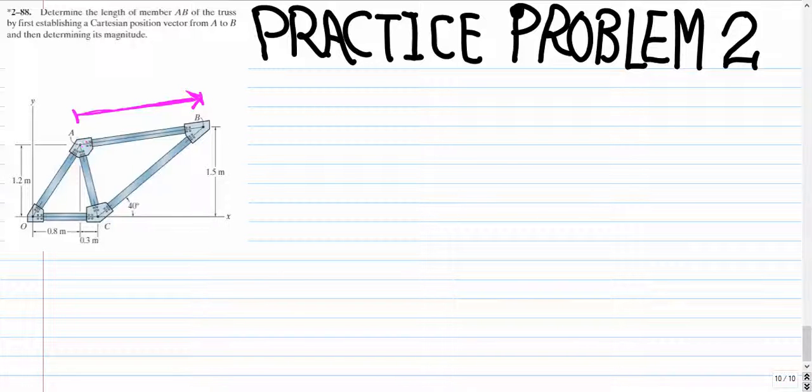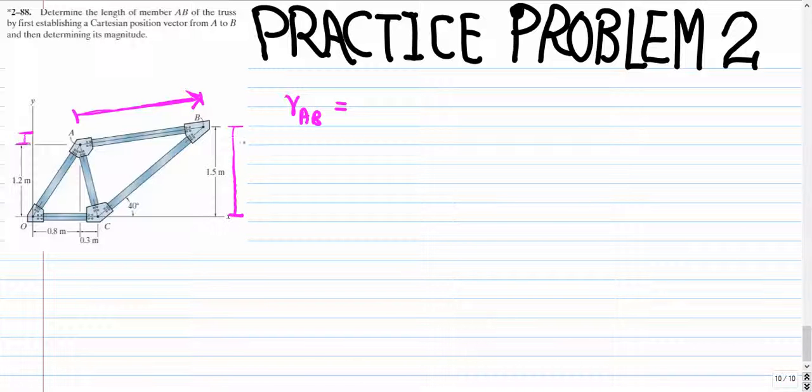So we can find the Cartesian vector for this length vector from A to B by finding the length components along the x and y direction. If you look at the y-axis, we can easily find the y component of length for this length vector AB by simply subtracting 1.2 from 1.5.